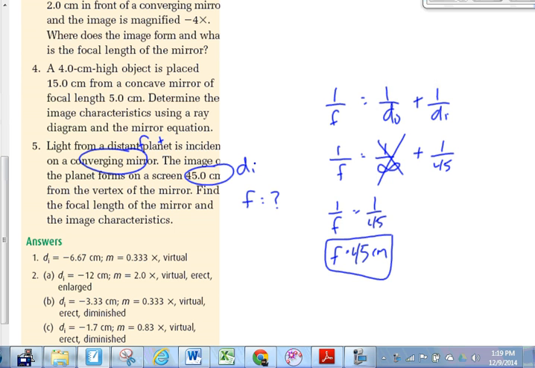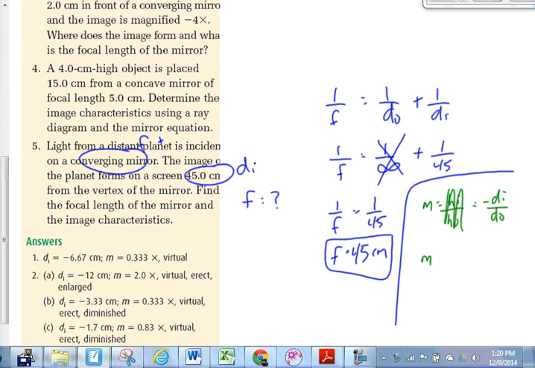Now what about the characteristics? Let's say m is equal to hi over ho equals negative di over do. We don't know anything about the object height here.